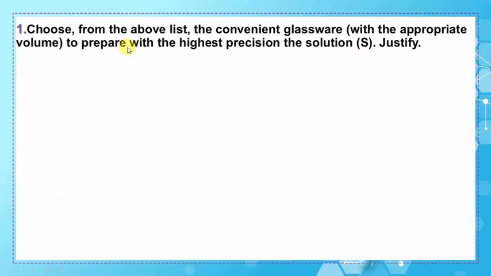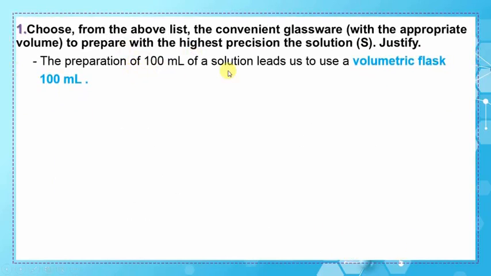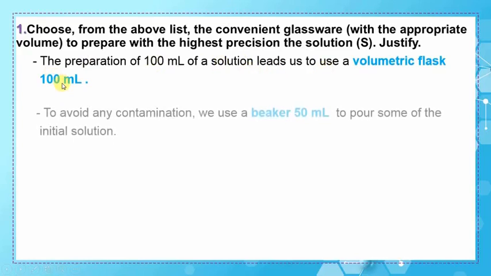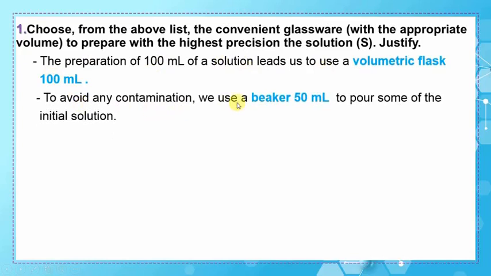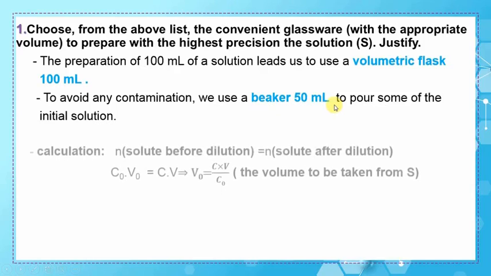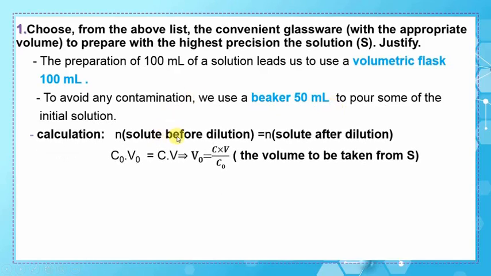Answers. Choose from the above list the convenient glassware and justify. The preparation of 100 ml of a solution leads us to use a volumetric flask 100 ml. And to avoid any contamination, we use a beaker 50 ml to pour some of the initial solution. Calculation. Number of mole of solute before dilution equals the number of mole of solute after dilution. C0 times V0 equals C times V. Then V0 equals C times V over C0.